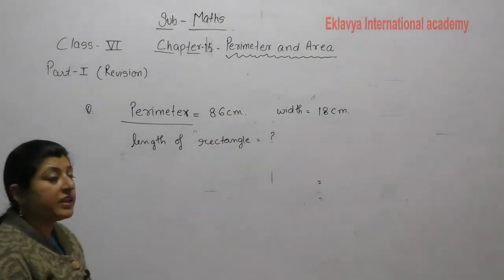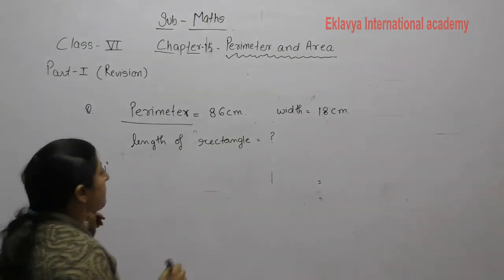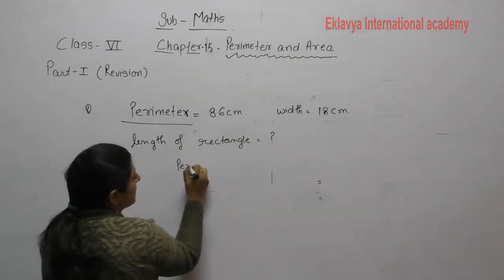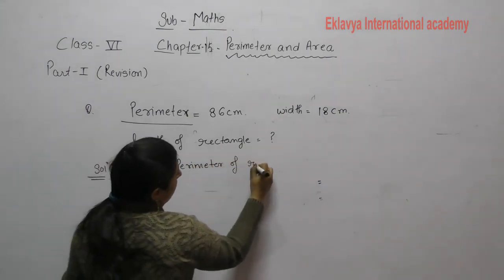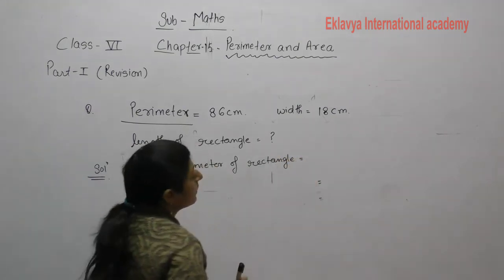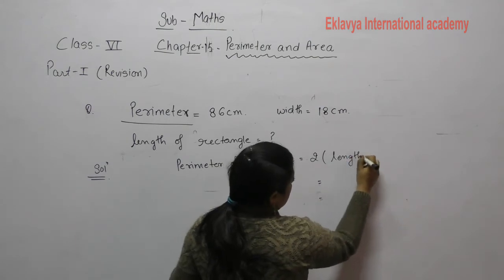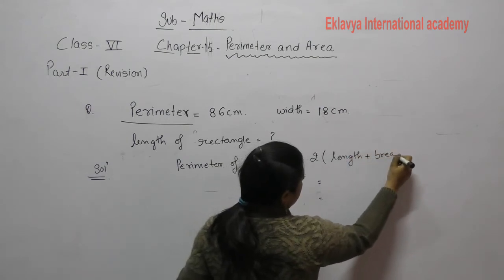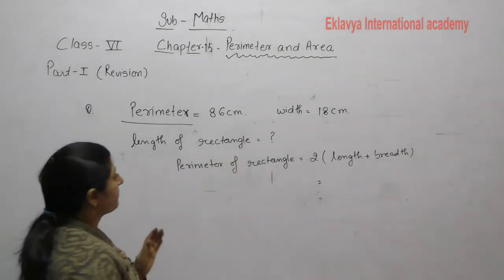Then what will we do for this solution? We first write down the formula. Perimeter of rectangle is equal to twice of length plus breadth or width, same thing here.